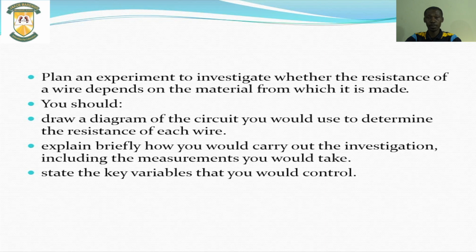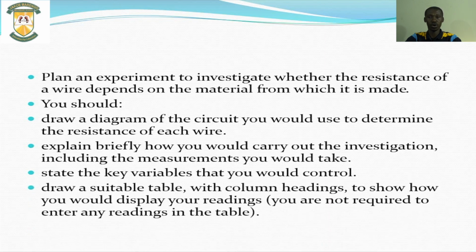You were also supposed to state the key variables that you would control, and finally draw a suitable table with column headings to show how you would display your readings. In the event that you were not going to use a variable resistor, there was no need for you to include it.